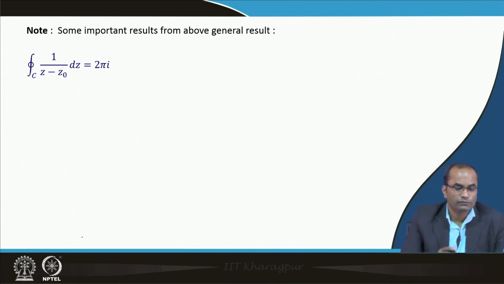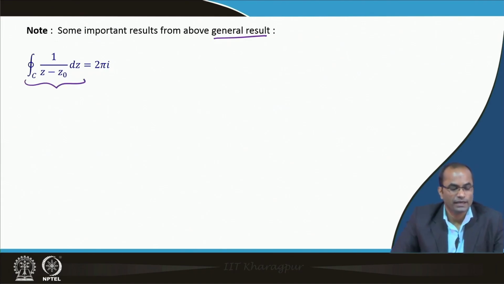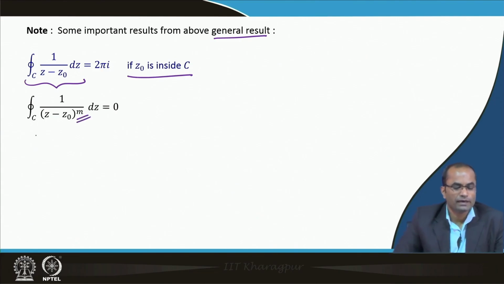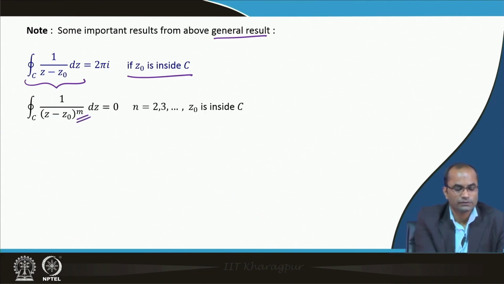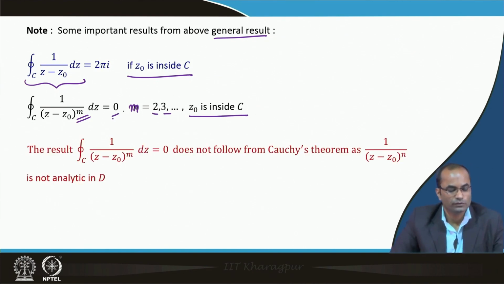Okay, just to conclude from the above result, the integral of 1 over (z minus z0) dz is 2 pi i for m equal to minus 1, if z0 obviously lies inside C, and for any other value of m, such as 2 or 3, with z0 inside C, this value is going to be 0.